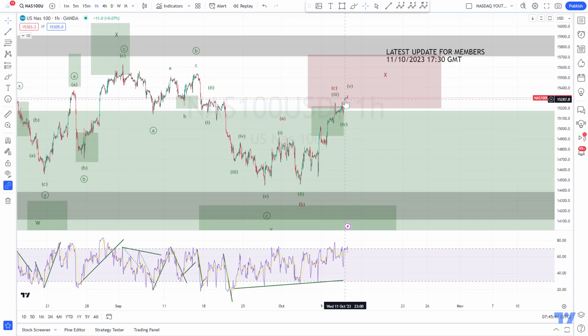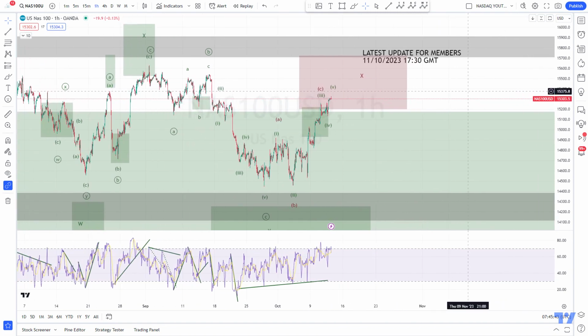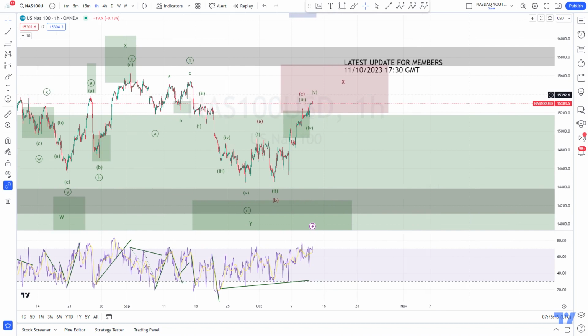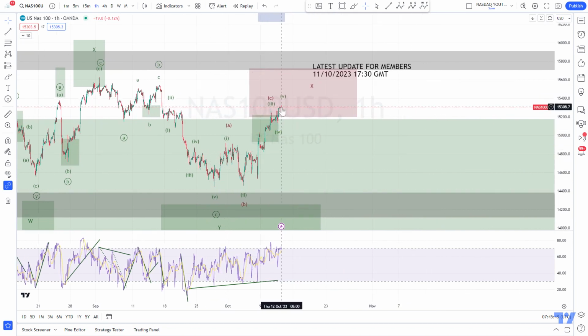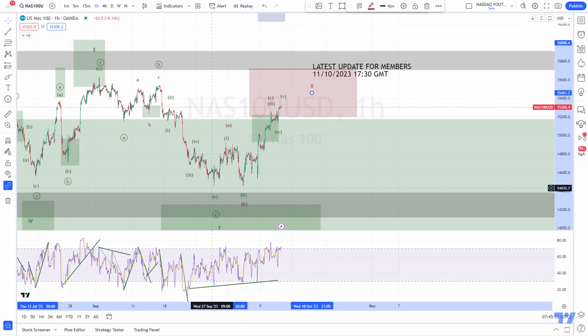And so if that's the case, even if we make the double correction, like if this is an impulse, of the double correction of this wave X, this can still be a wave A, wave B, wave C. That's also something that's possible. But now in first instance, if we come down, this low should hold.